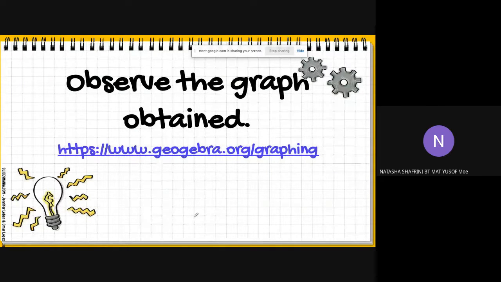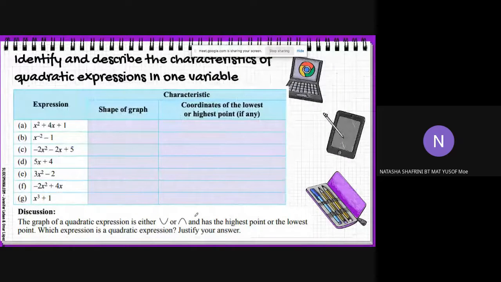Okay. Now cikgu nak awak tulis dulu dekat kertas semua equation yang ada dekat sini, expression yang ada ni. Tulis simple je. Nombor 1 A, salin jap, x square plus 4x plus 1. Tak payah buat table cantik-cantik pun tak apa, just nak take note je. Awak nak tengok shape of graph dengan coordinates of lowest or highest point.